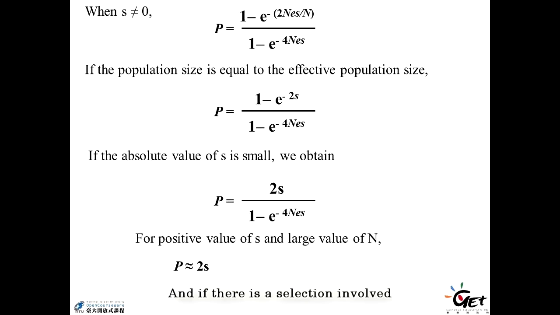And if there's a selection involved in the population, for a given positive value of the selection coefficient, we can approximately calculate the fixation probability as equal to 2 times the selection coefficient. So all this approximation makes the formula much easier, and you know which parameter will contribute to the final result more effectively.